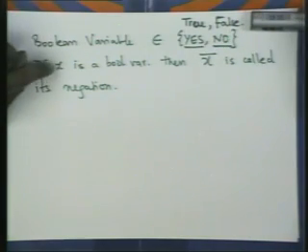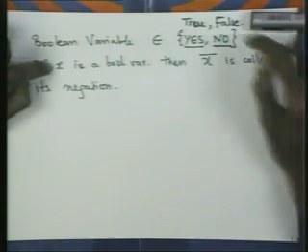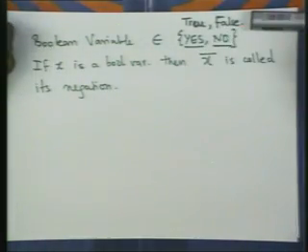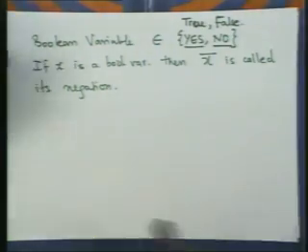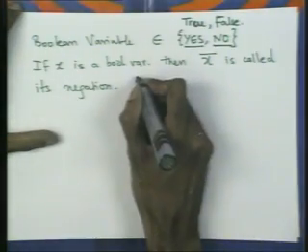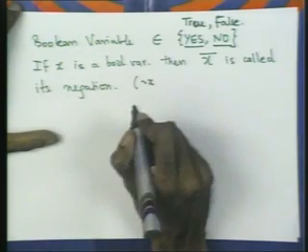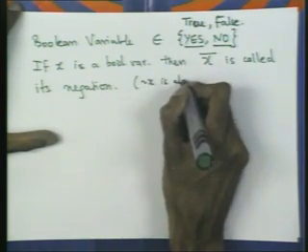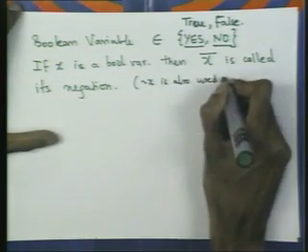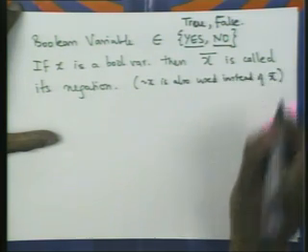If let us say x is true, then x bar is false, and if x is false, then x bar is true. And x bar is called the negation. Some people also use tilde x instead of x bar.